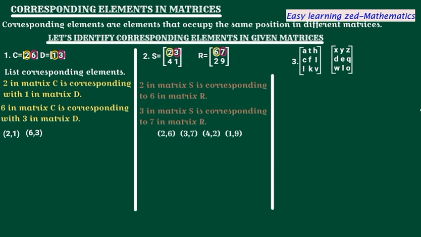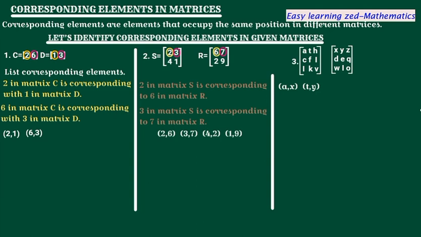Okay, so A is corresponding with X, so we can make a set of A comma X, because A and X, they are occupying the same position but in different matrices. T and Y are also corresponding because they are occupying the same position in different matrices. H and Z, they are also corresponding because they are occupying the same position in different matrices.